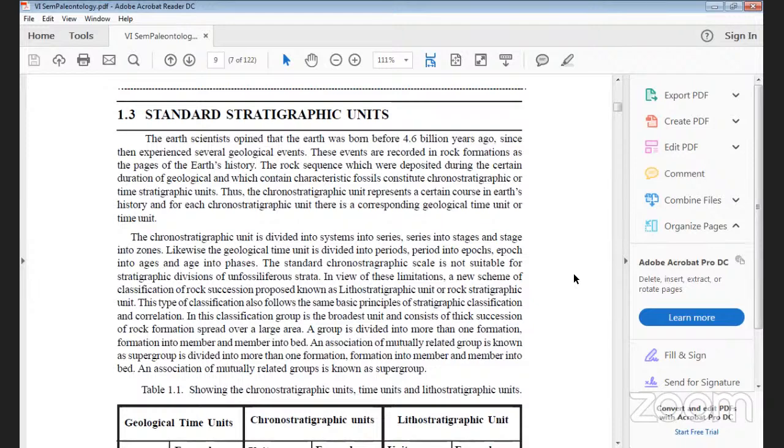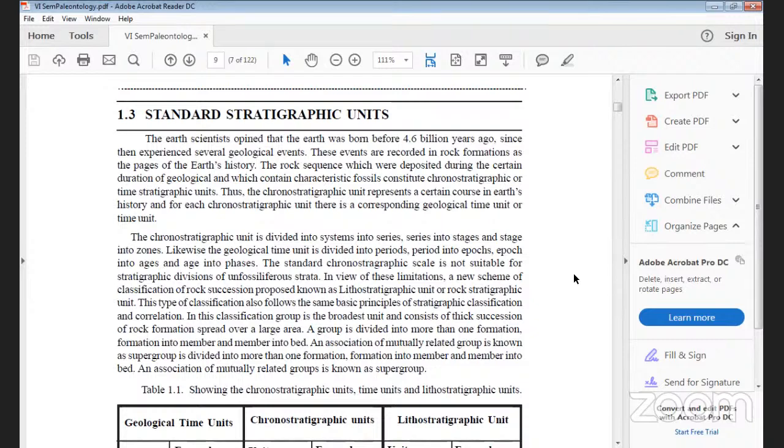Those events are recorded in the formation of rocks, or in the pages of Earth history. So the rock sequence deposited during a certain duration of geological time or a geological period, which contains the characteristic fossils, constitutes the chronostratigraphic or time stratigraphic units.